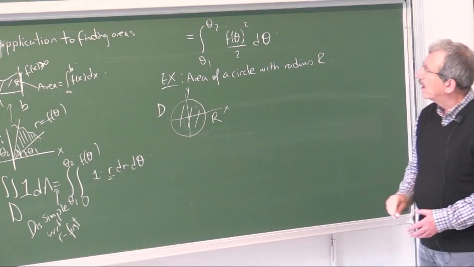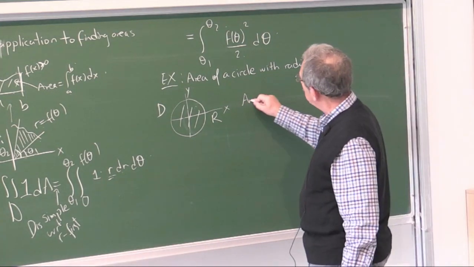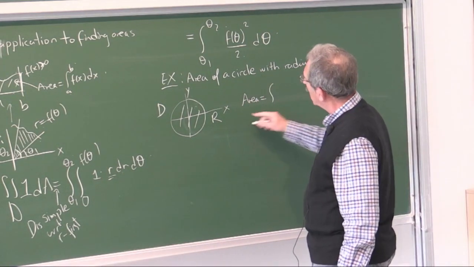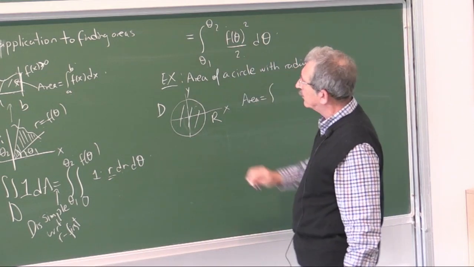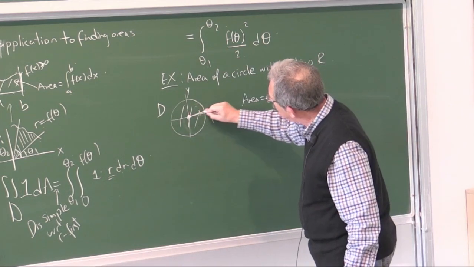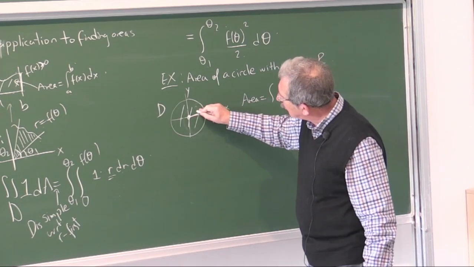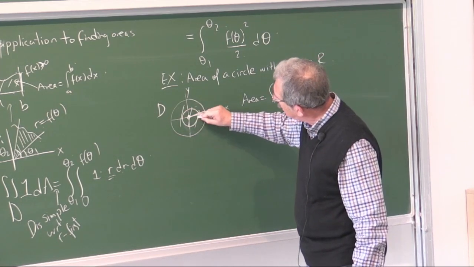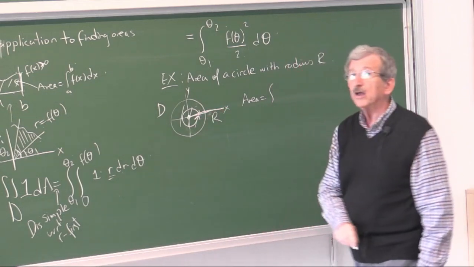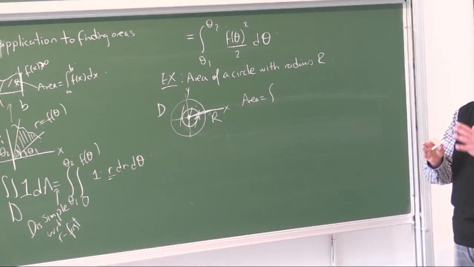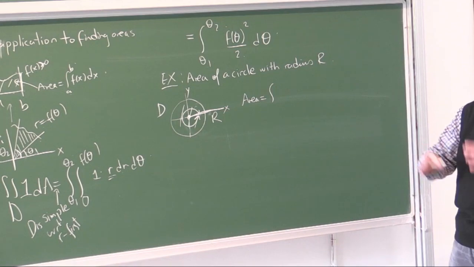So area would be theta 1 to theta 2. Recall, you start from here, and you move in counterclockwise direction until you get to 2 pi. So theta changes between the two constants, 0 and 2 pi.